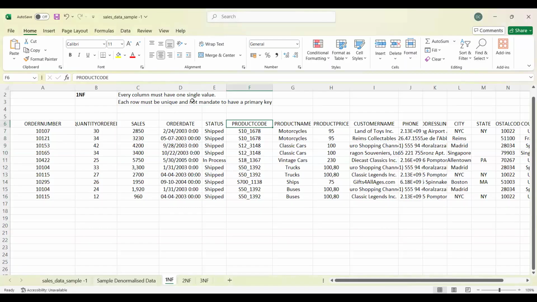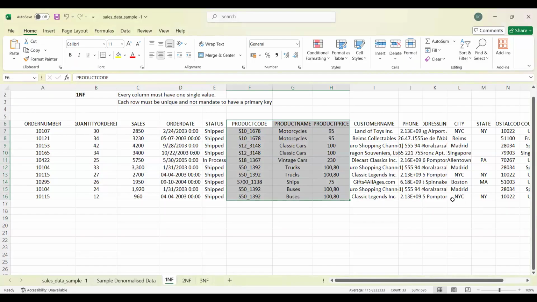Whenever we create a candidate key, we prefer to choose columns from different kinds of data. For example, I have an orders table and a products table, so I can choose one column from the orders table and one from the products table, or even from the customer table.